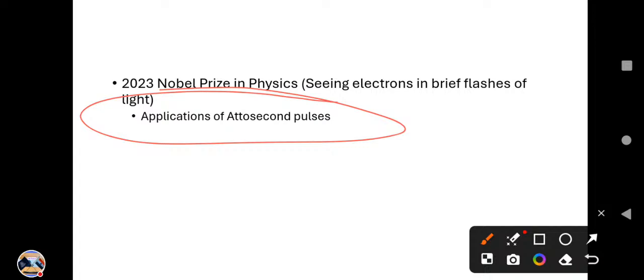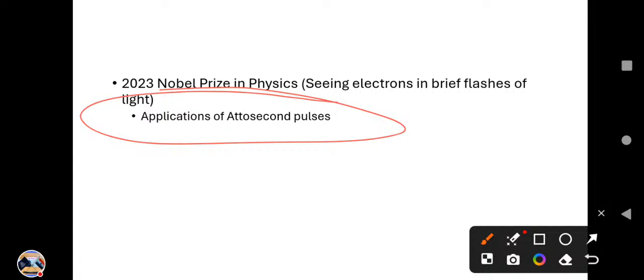Examples like studying electron movement within molecules, which is a very tough condition to see. Next is material science, to understand and manipulate materials at the quantum level, for example nanoscale materials and electronics.